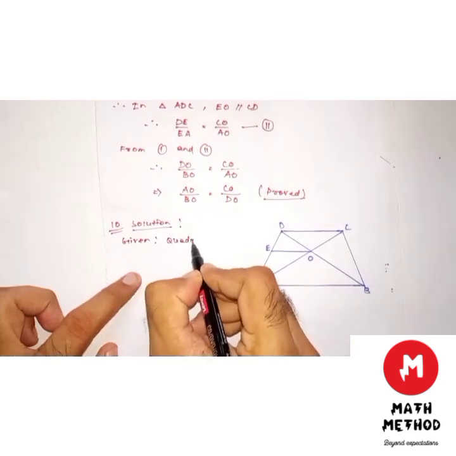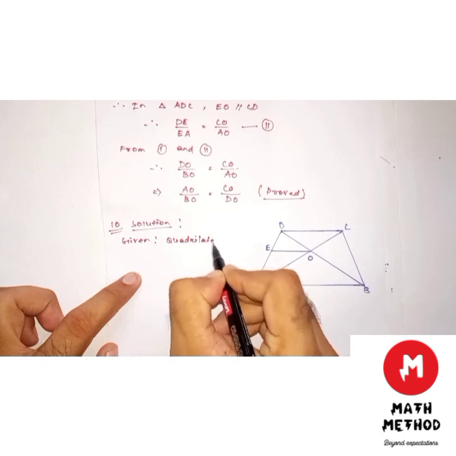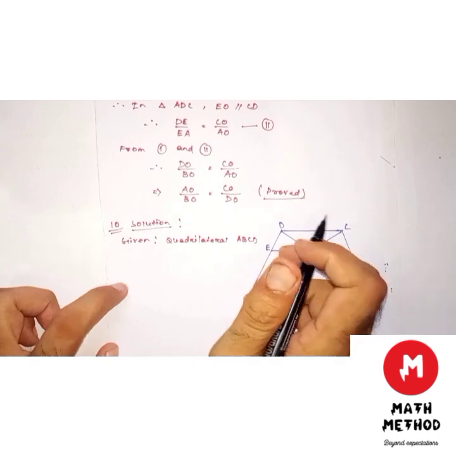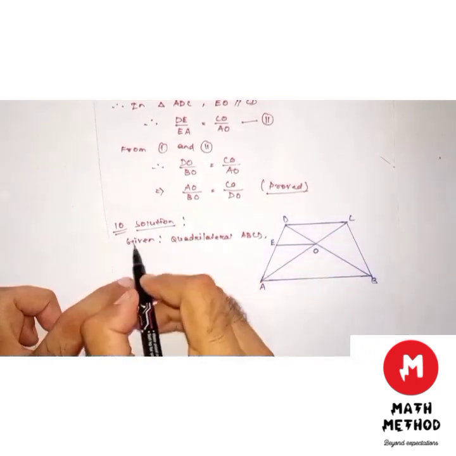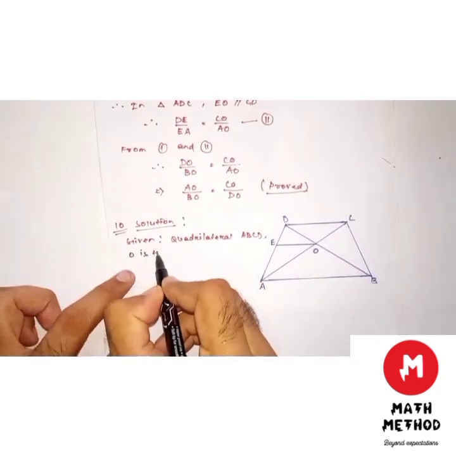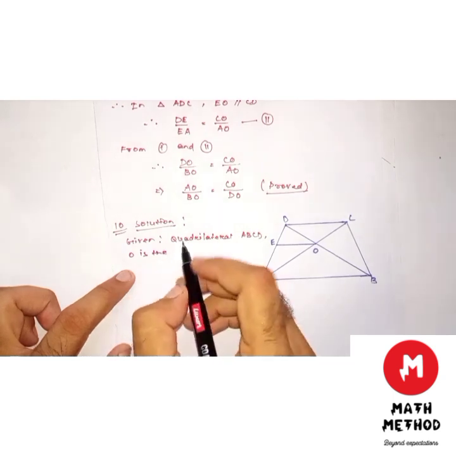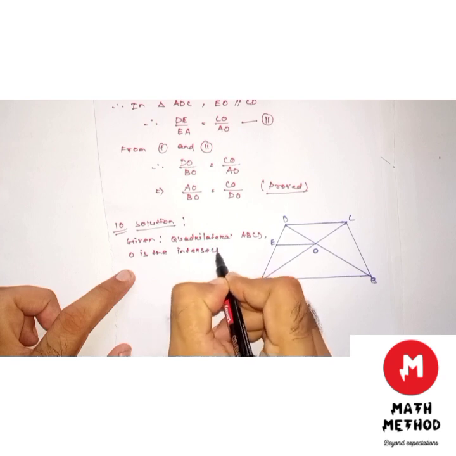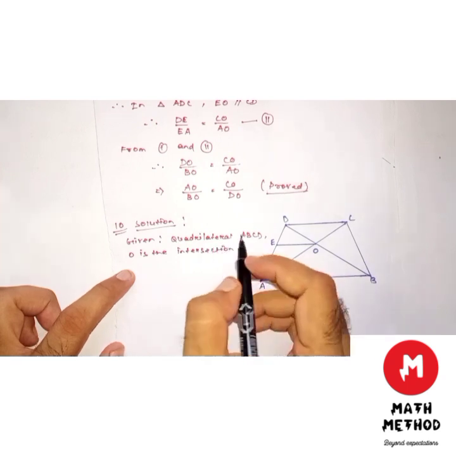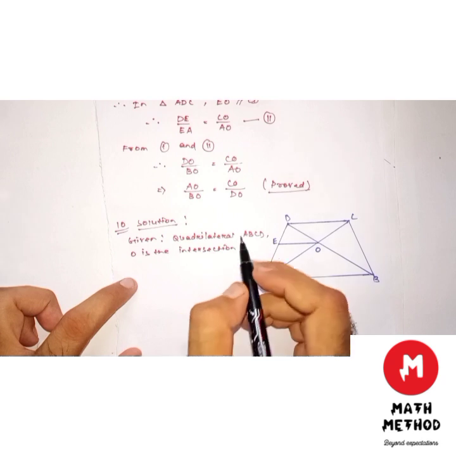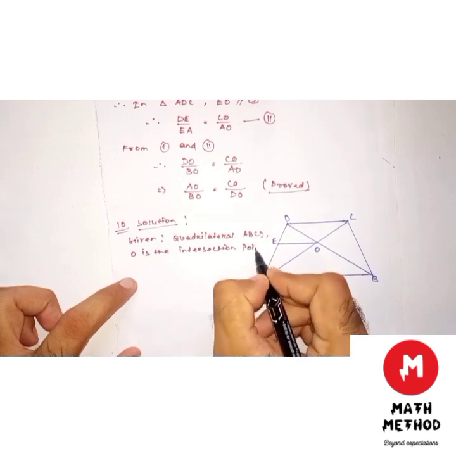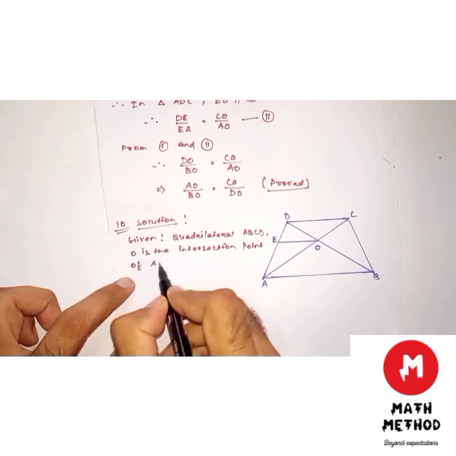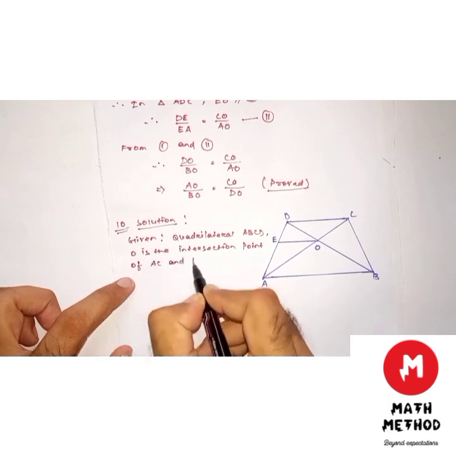quadrilateral ABCD where O is the intersection point of the AC and BD diagonals.